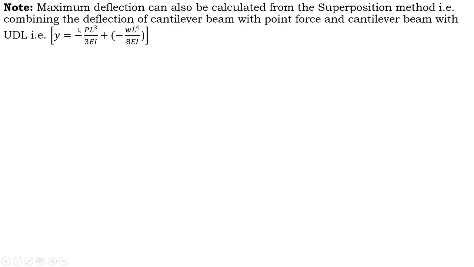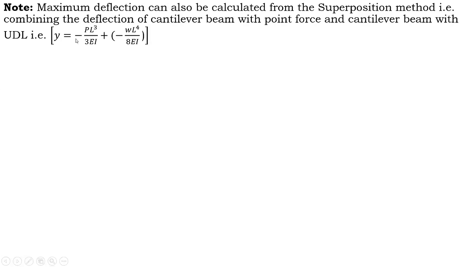Similarly, this maximum deflection can also be calculated using the principle of superposition. We know it is a problem where the cantilever beam is subjected to a point force at the free end, and also to a UDL throughout its span. It's a combination of two standard cases. When I neglect the UDL, it is a cantilever beam with only a point force at the free end.